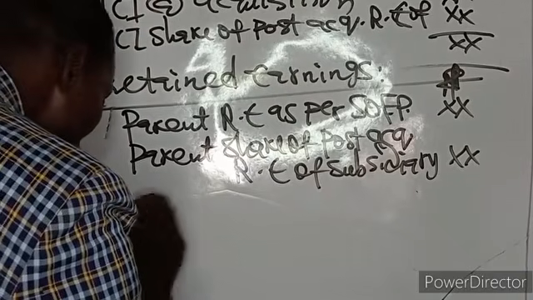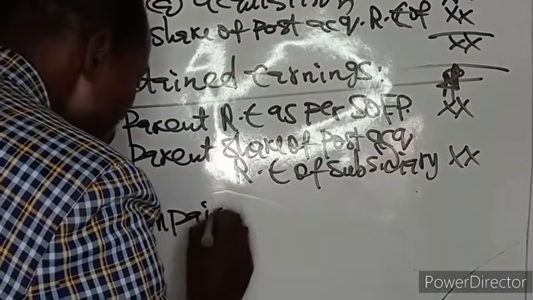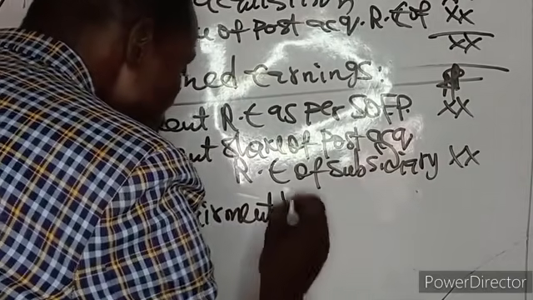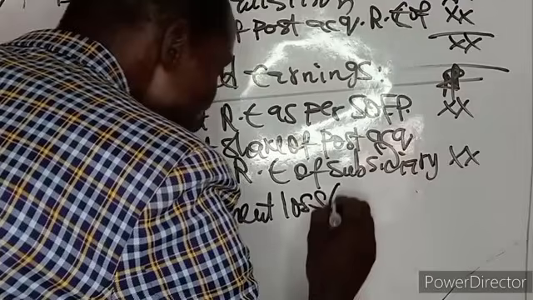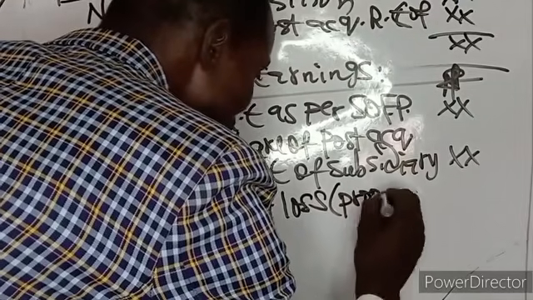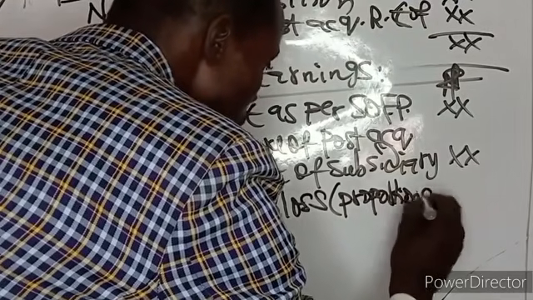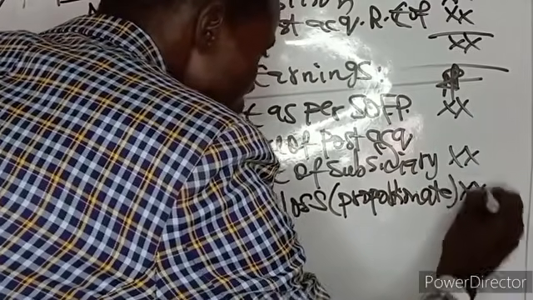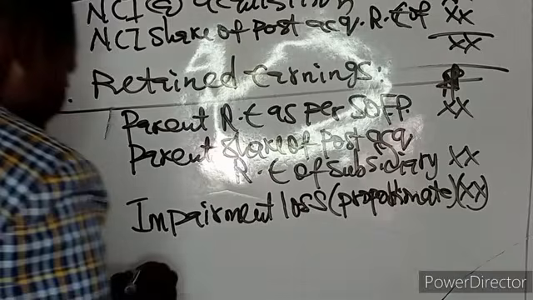When you add that, then where the policy is proportionate, you deduct your impairment loss here. Impairment loss, where policy is proportionate of net asset.